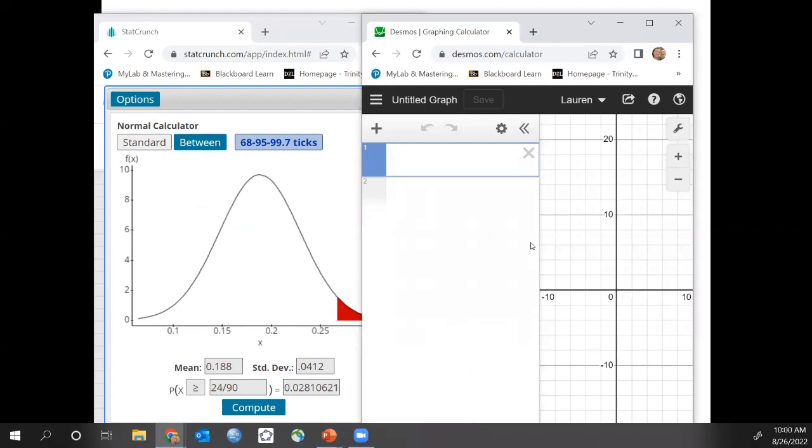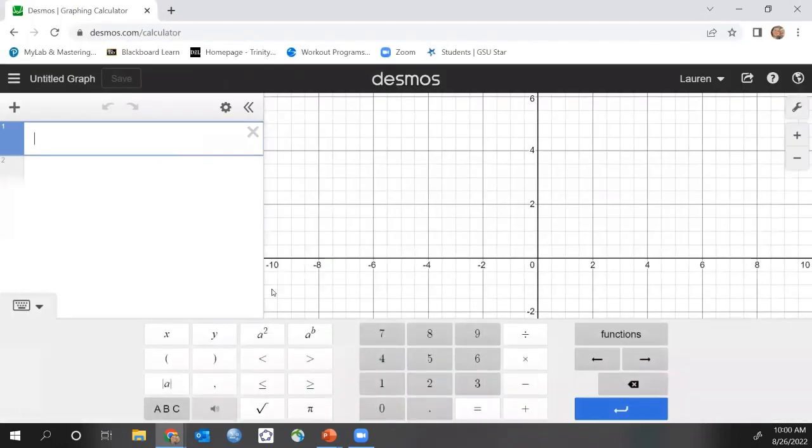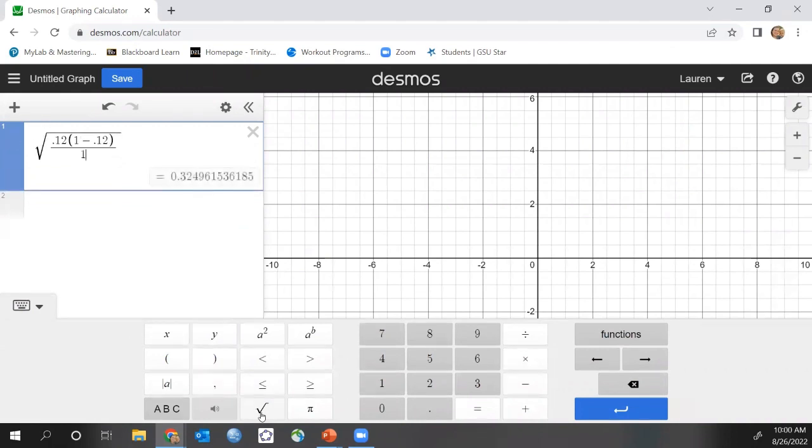Let's say I want to do the square root of 0.12 times, open parentheses, 1 minus 0.12, all over 150.